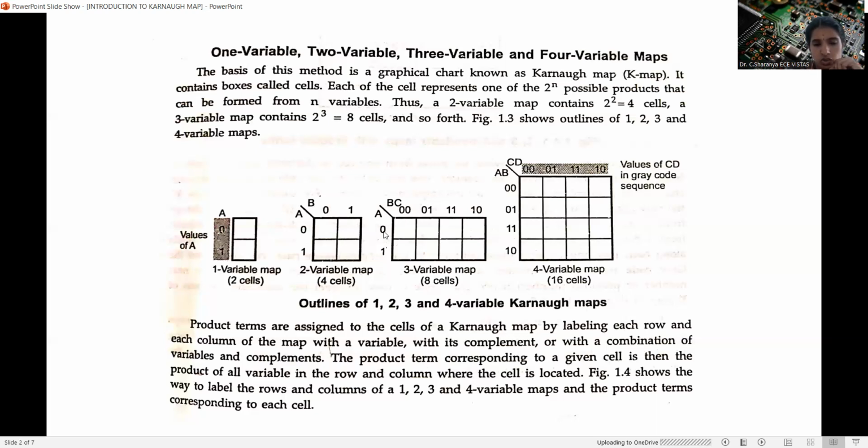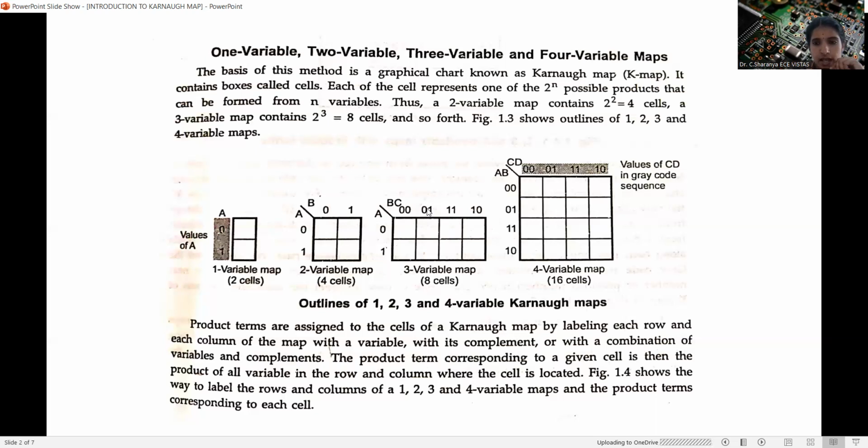A will have a combination of 0 and 1. B and C together will have four combinations, which are 0 0, 0 1, 1 1, and 1 0. So why do we have the sequence 0 0, 0 1, 1 1, and 1 0 instead of 1 0 and 1 1? Because that is the usual order, right? This is because the K-map allows only the gray code sequence.